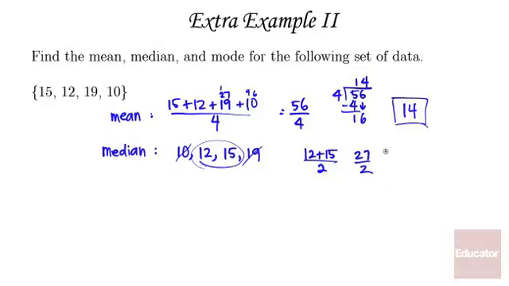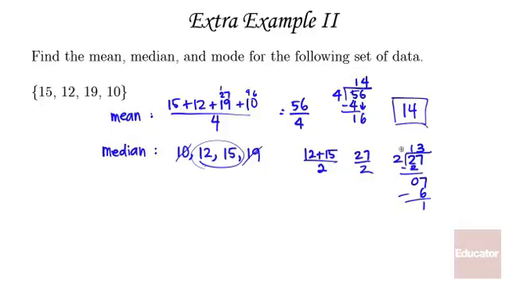Okay, and then we can, again, change it to a decimal or leave it as a fraction. So 27 divided by 2. Okay, 2 goes into 2, this first number, 1 time. That's 2. I subtract it, get 0. Bring down the 7. 2 goes into 7 3 times, which is a 6.